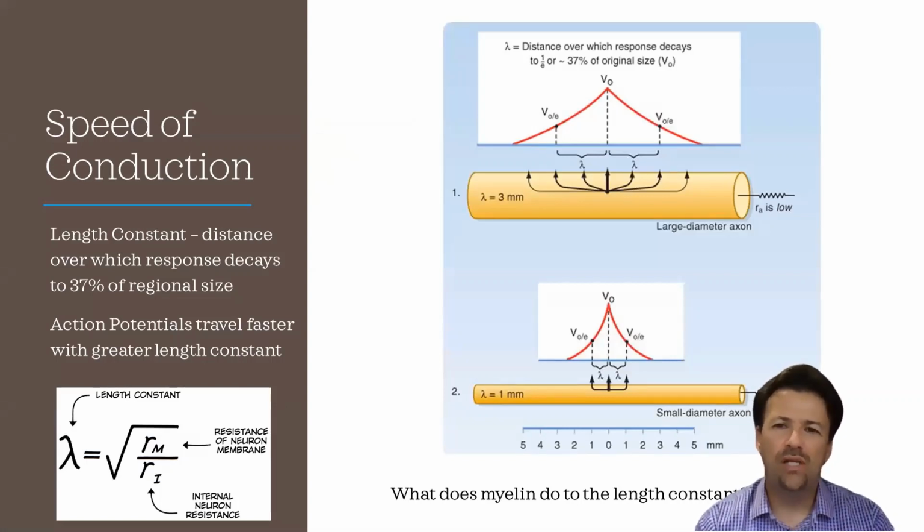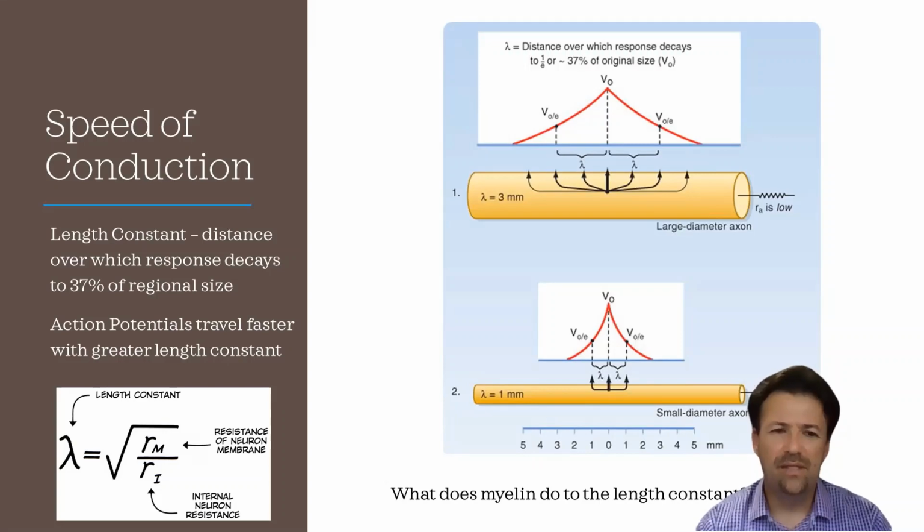Now, I want to talk to you a little bit about what changes the speed of conduction as it moves down a nerve. Now, there's something called the length constant. The length constant is the distance over which a response decays to 37% of its size. Now, that's just due to physics and different things that are calculated.